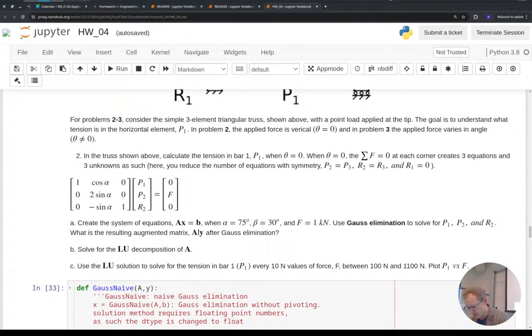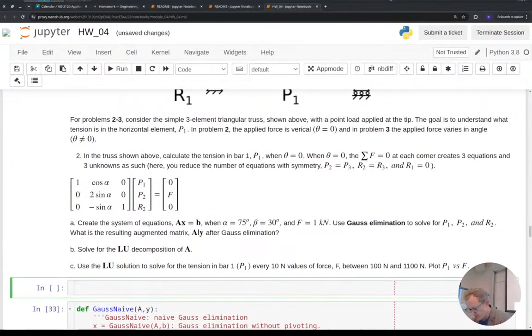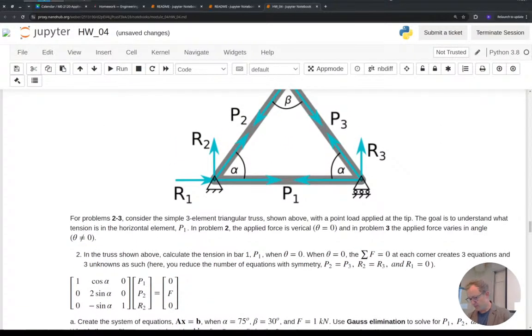So here we can set up these three equations, looking at the X and Y components at three different locations in this triangular truss. We're just taking the sum of the forces equals 0 and solving all the equations at one time.